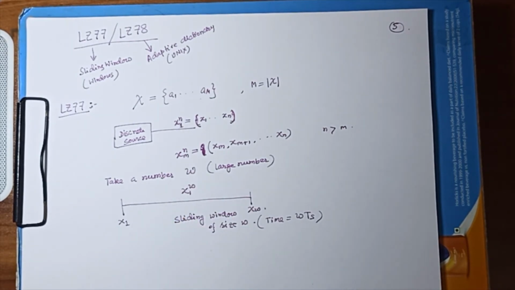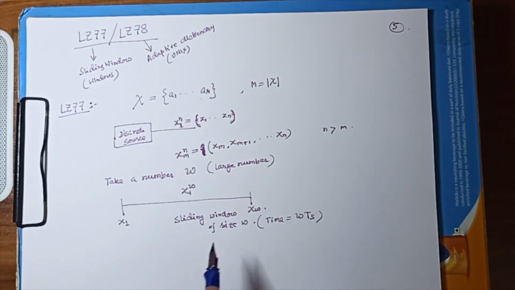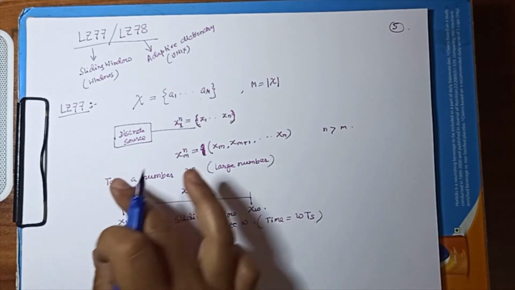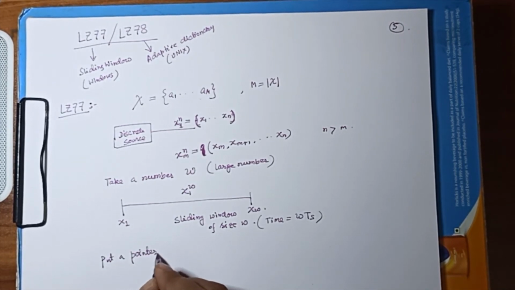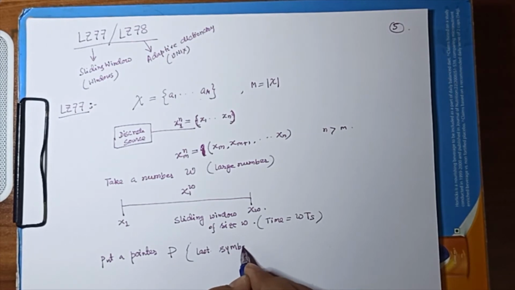Okay, it can start from some other point as well. Let us see how to slide it. So let us put a pointer p. That pointer, I will say, is basically the last symbol of the sliding window.